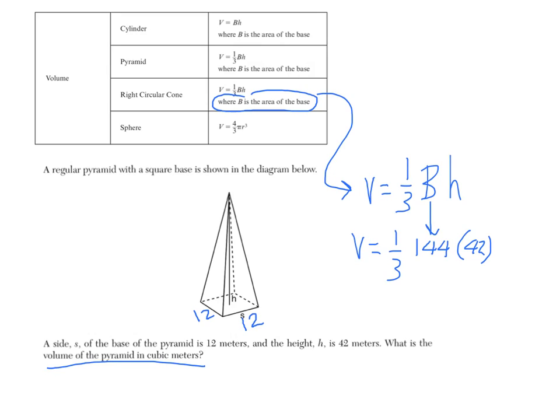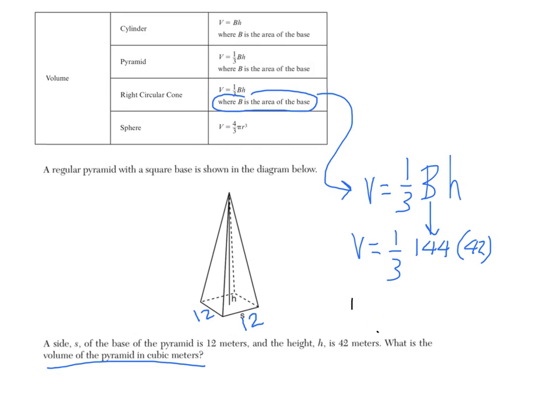So 1/3 of, well, maybe a calculator might be a good idea at this point. Typing it into the calculator, it's important to make sure you do it the right way, and you don't want to make a mistake at the very end.